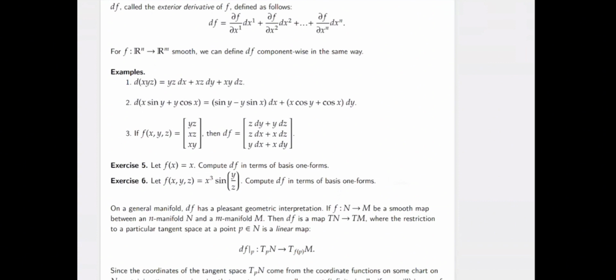What about 5? So let f of x equal x. Compute df in terms of basis 1 forms. So you're living on R, right?